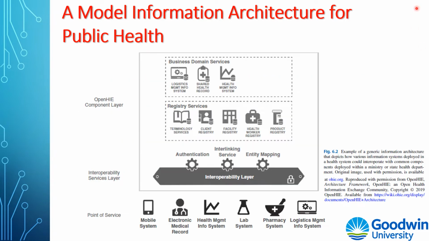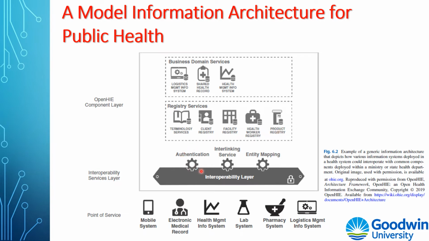So those models look something like this. You have an open component layer, which has business domain services, which you need to have in any organization. So it could be management info, shared health record, a health management information system that runs it. There are registry services, right? There are client registries, facility registries, health worker registries, product registries.